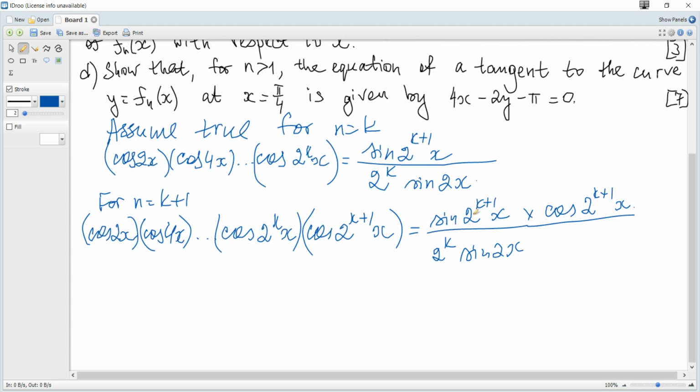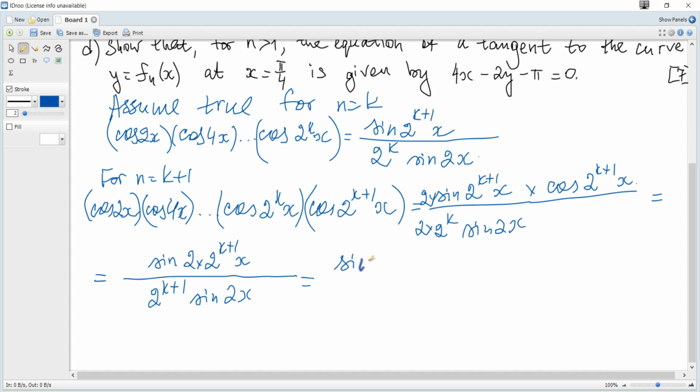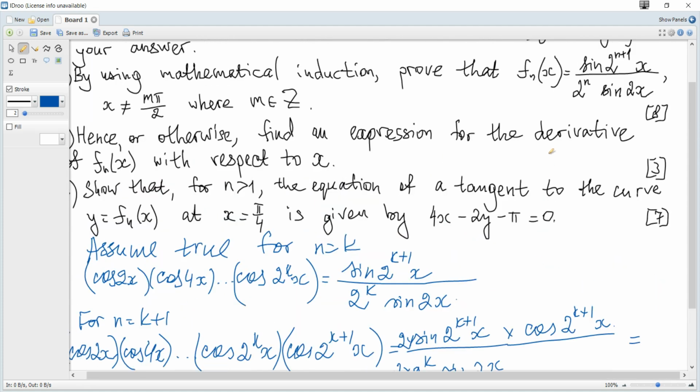And we can see that it's sine of some angle multiplied by the cosine of the same angle, and we can again apply a double angle formula, and when we multiply by 2 the numerator and the denominator, we get that the numerator becomes sine of the double angle, so sine of 2 multiplied by 2 to the power k plus 1 x divided by 2 to the power k plus 1 sine of 2x, and hence it's sine of 2 to the power k plus 2 x divided by 2 to the power k plus 1 sine of 2x, and we can see that it is equal to this when n is k plus 1.